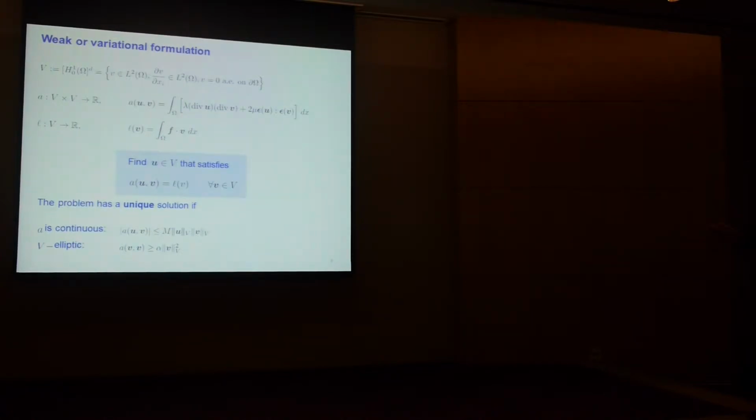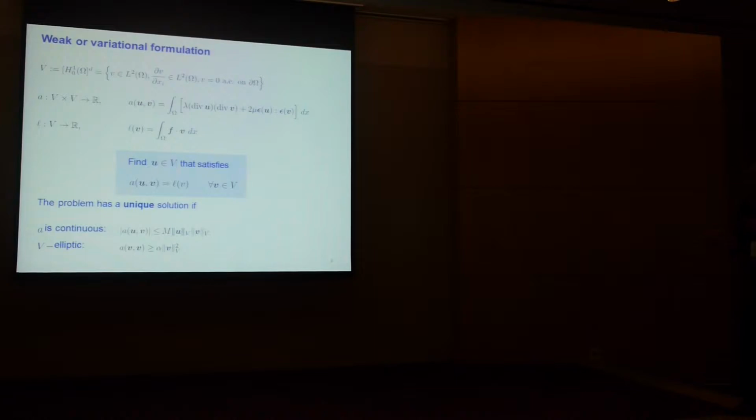And V is my space of admissible displacements. These are functions which are square integrable. I need that because of these integrals here. Their first derivatives are also square integrable, and they satisfy the boundary condition v equals 0.